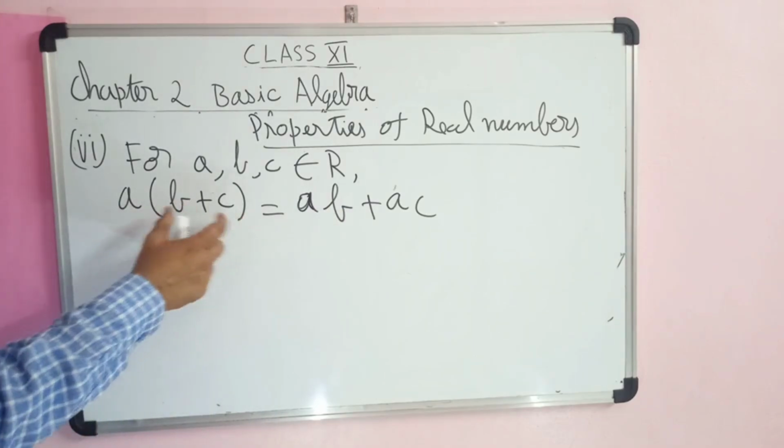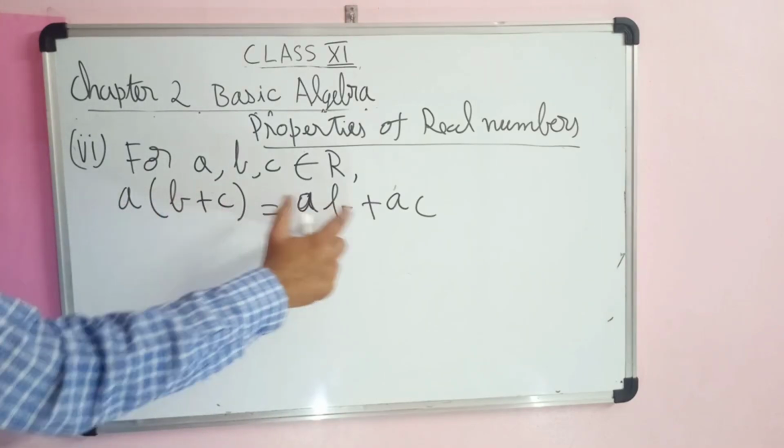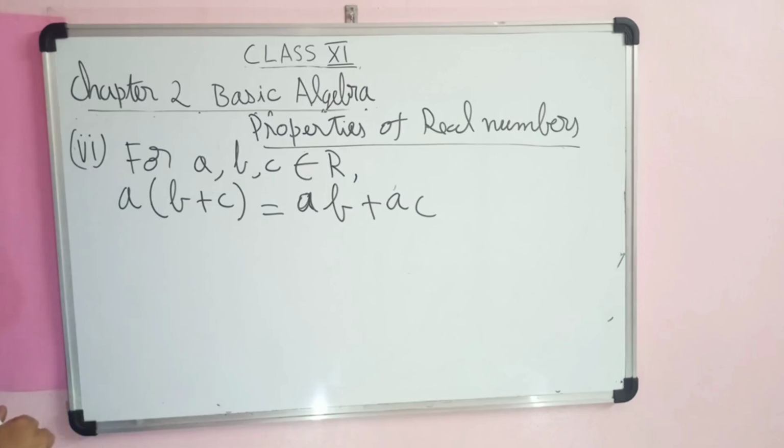A into (B plus C) equal to AB plus AC. This is property number 6.